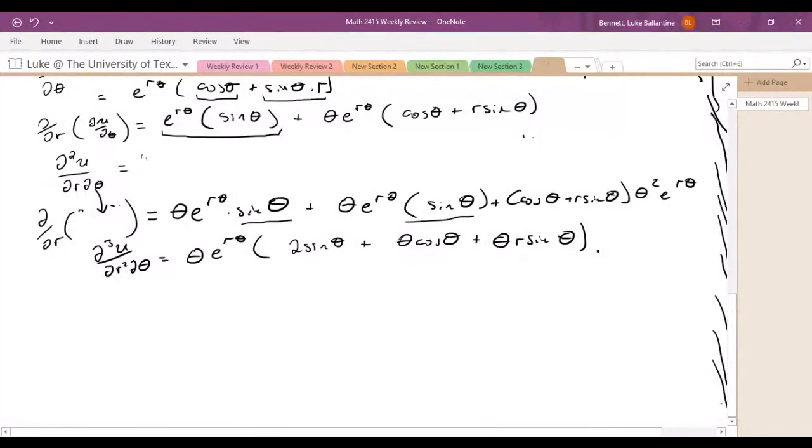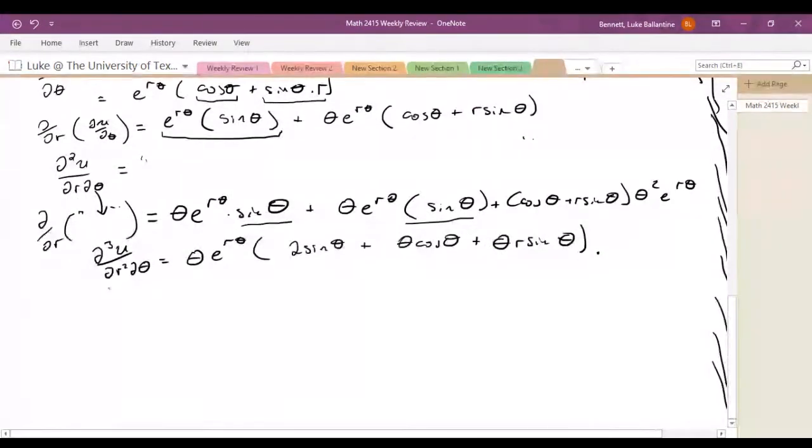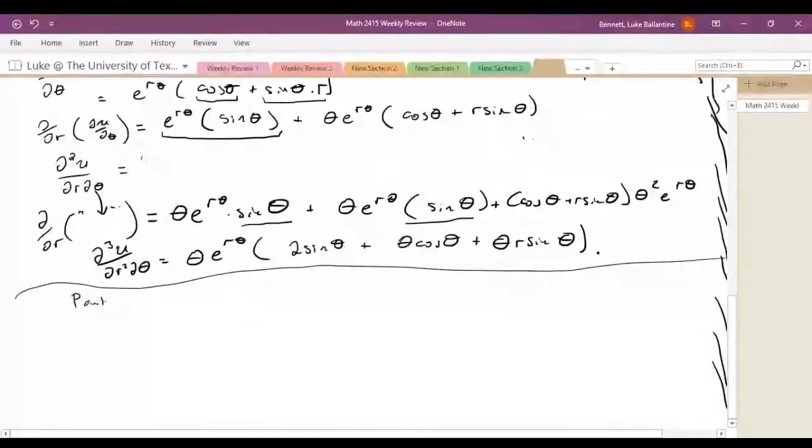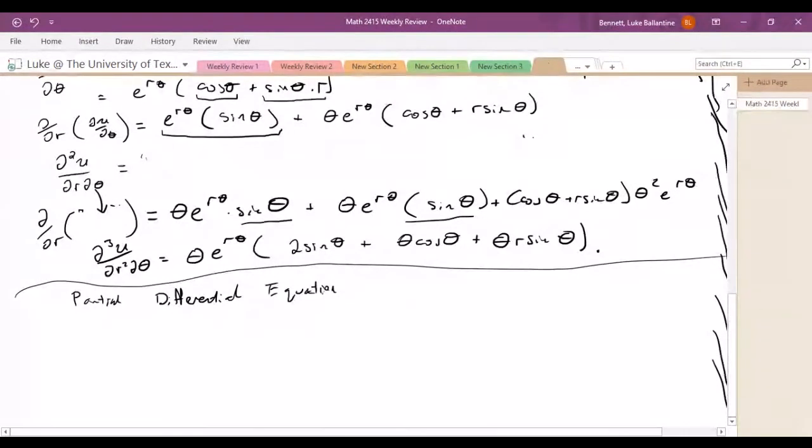Okay. Now we're going to verify some partial differential equations, which is just going to be an exercise in taking partial derivatives. A partial differential equation is an equation involving partial derivatives of a function.